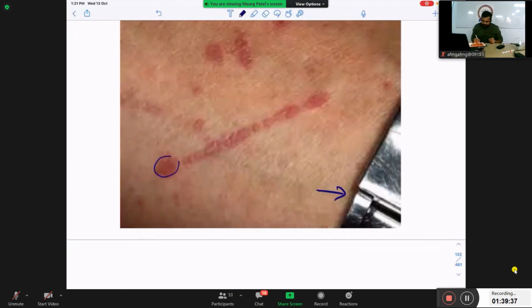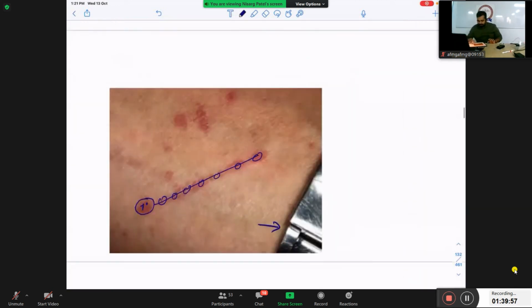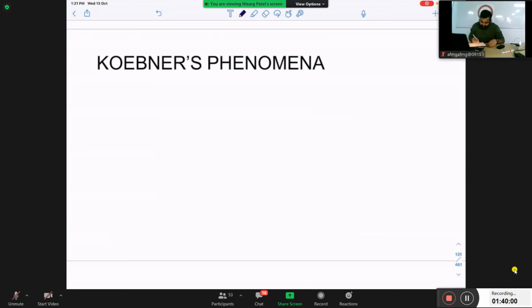So this was the primary lesion. But because these lesions are itchy, the patient scratches this area, and after this, as you can see, a similar lesion started appearing on the line of my scratch. This phenomenon is seen in psoriasis, lichen planus, and vitiligo. So you write down cardinal phenomena.